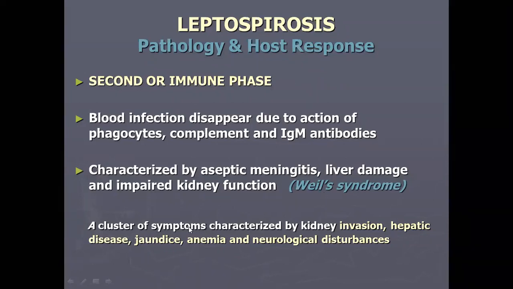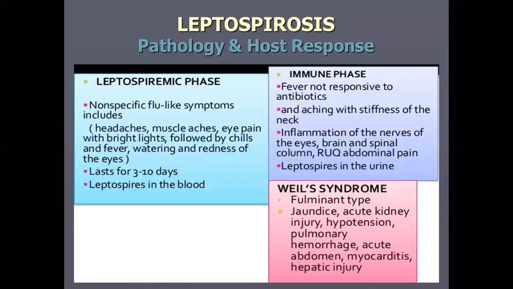It's a cluster of symptoms characterized by kidney invasion, hepatic disease, jaundice, anemia, and neurological disturbances. This also occurs in many other immunological problems. So we have the initial phase, which is the leptospiremic phase, and the second, late phase, which we call the immune phase: the biphasic disease.